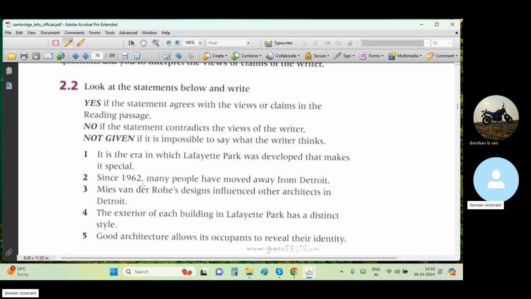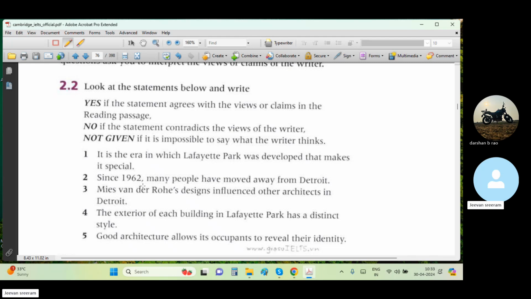The era in which it was built is the reason why it was special. If it was built in any other era, it wouldn't have been special. That's what it means. The time period in which Lafayette Park was built is the reason making it special.